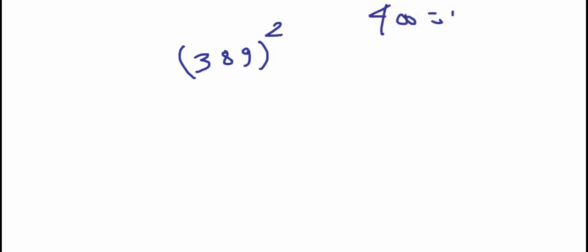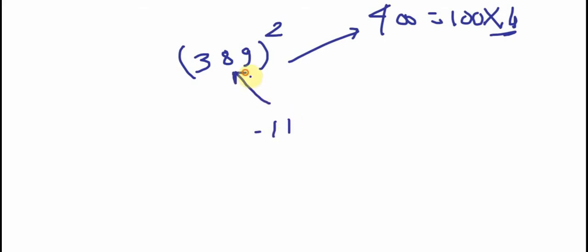But 400 can be written, in terms of 100, as 100 into 4. So the factor here is into 4. Now when you compare 389 with 400, you see it is minus 11. So just subtract 11 from 389. When you subtract 11, you have 378.